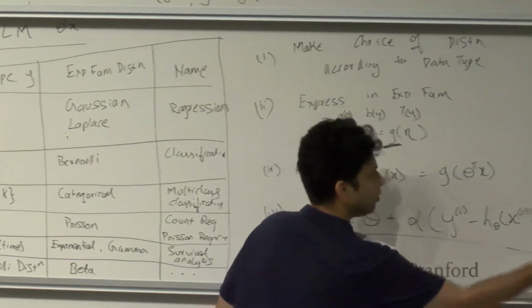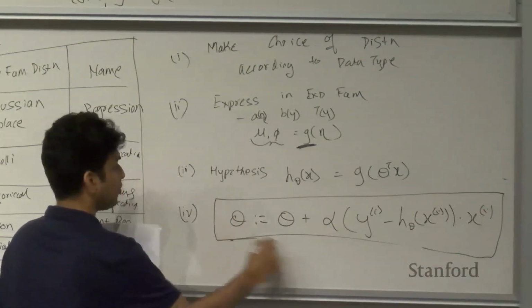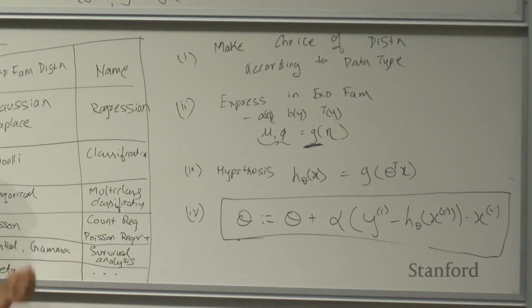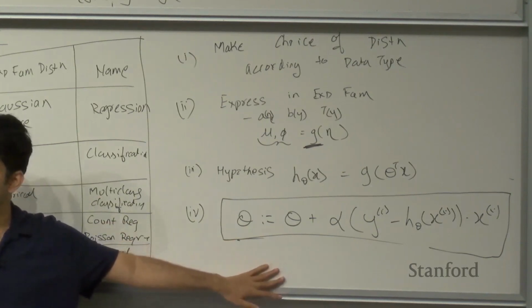We've seen this update rule over and over, and what you can see is if you start from any generalized linear model, for any choice of the distribution, you take the log probability, perform maximum likelihood estimation to get the gradient, and the update rule that you end up with will always take this form.